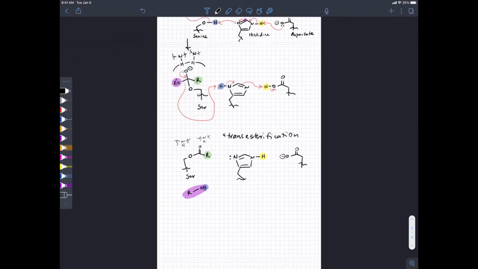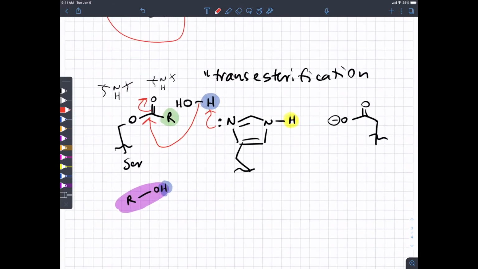What needs to be done at this point is that you have water act as a nucleophile, and water becomes the source of the new proton. And you have histidine remove the proton from water, then OH can attack the carbonyl carbon to give you a tetrahedral intermediate.